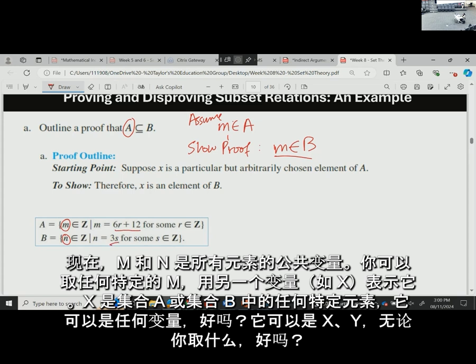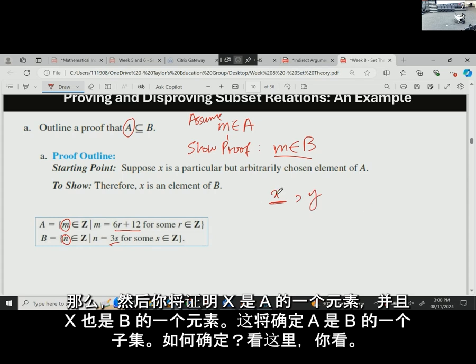You can take any particular M and represent it with another variable like X. X is any particular element in set A or set B, and it could be any variable. Okay, it could be X, Y, whatever you take. Okay. And then you will show that X is an element of A and X is also an element of B. This will determine that A is a subset of B.